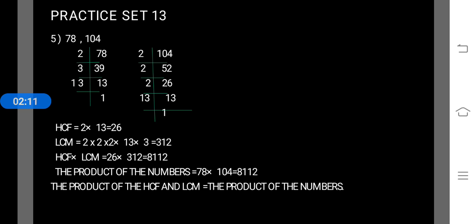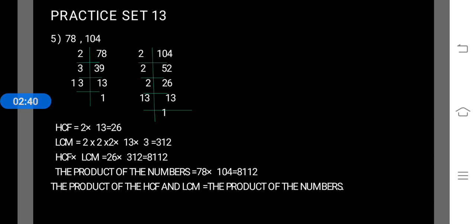That comes up to 312. The product of HCF and LCM, that is 26 and 312, comes up to 8112. The product of the numbers 78 and 104 is also 8112. Therefore, the product of HCF and LCM is the same as the product of the numbers.